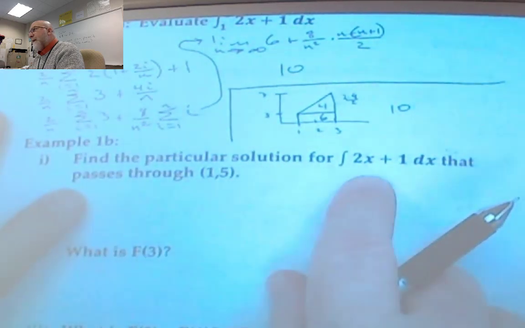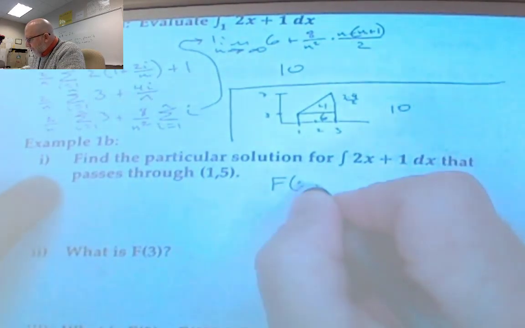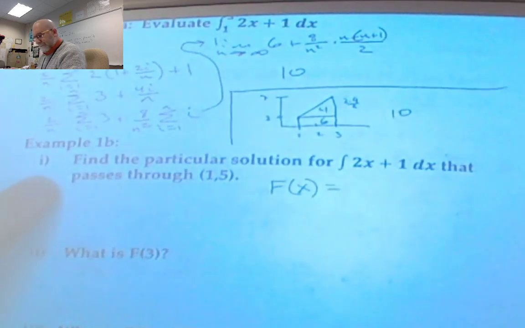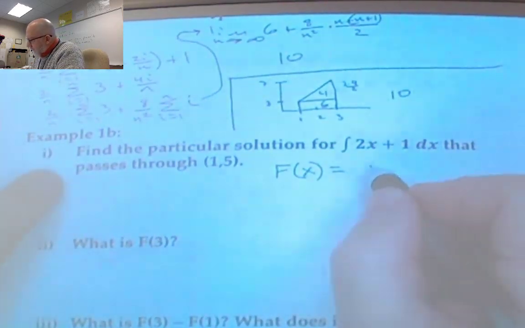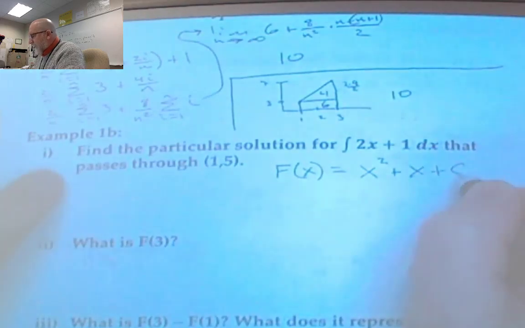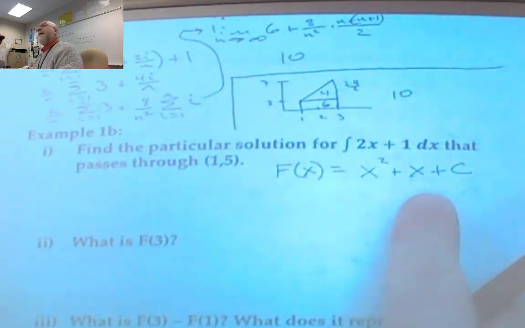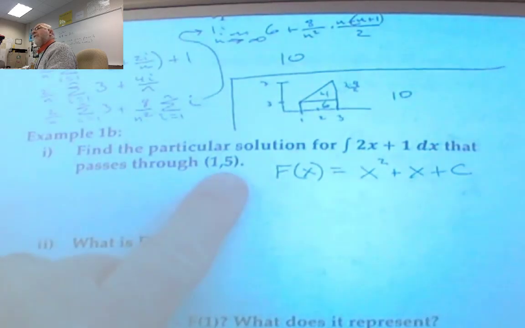Would you be able to do that? Yeah, what is the antiderivative? Perfect. That's the general solution, right? It's a general solution because C can be any arbitrary number we want it to be. Because we have this point, we can figure out C.